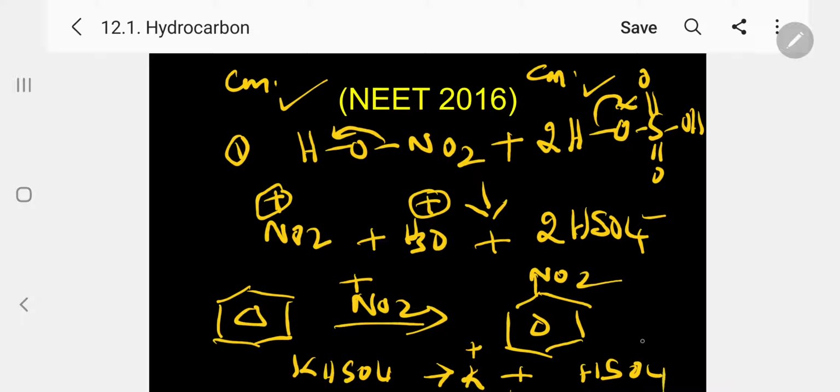Please follow. So this hydrogen sulfate is now coming from potassium hydrogen sulfate. During nitration, if you add potassium hydrogen sulfate, the HSO4 minus concentration will increase. That is a common ion which is already present.